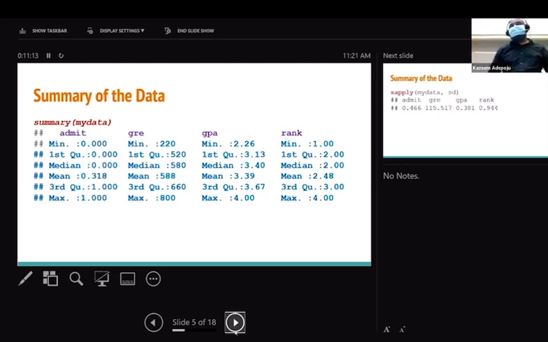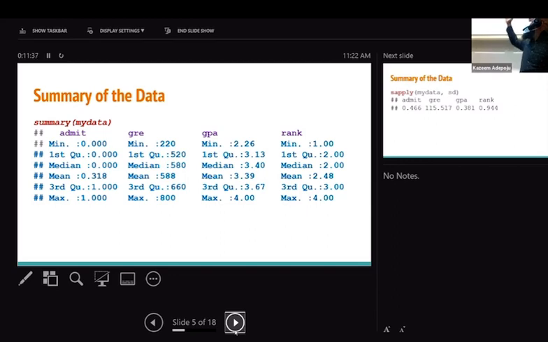What do I mean by that? We want a way to summarize our data set. We want to have an understanding of this data set before we conduct a statistical inference. So what are you going to do now? Since you have your data set in an object called my data, you're just going to do the summary.